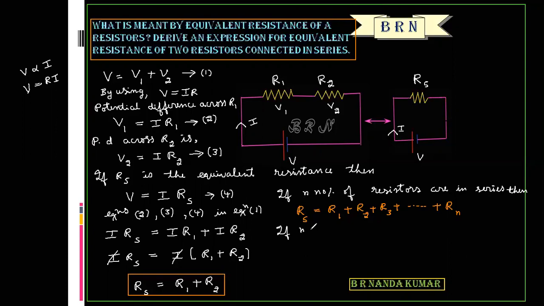If n number of identical resistors are connected in series, then what is the effective resistance?